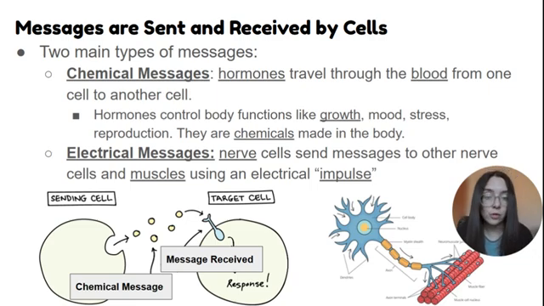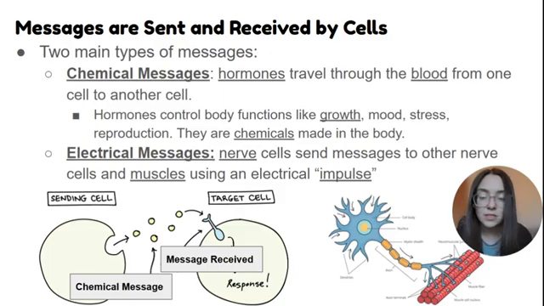They travel through the blood from one cell to another. That hormone acts as a message. It's like sending a text, right? But we're using a chemical to send a message. Some hormones control body functions like growth, mood, stress, reproduction, okay? And they are chemicals that are made in the body.